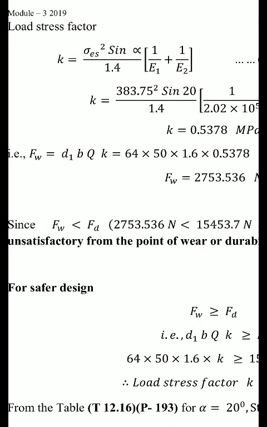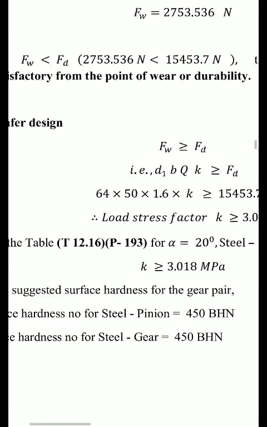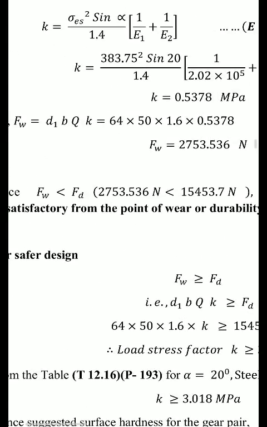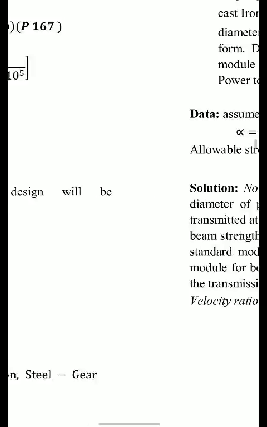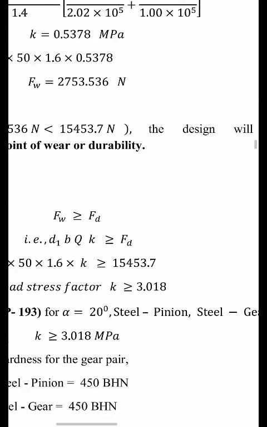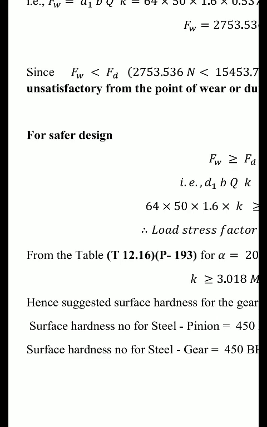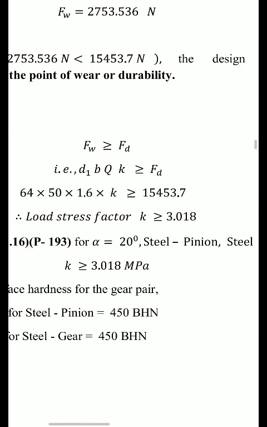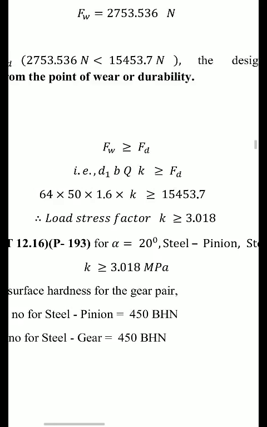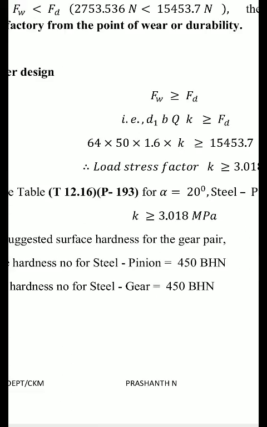Find out Fd and Fw. Finally, we get the safe design. This is the final step for the safe design. The load stress factor K is greater than or equal to 3.0118 from table number 12.16, page number 193.